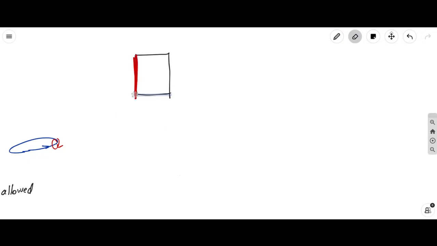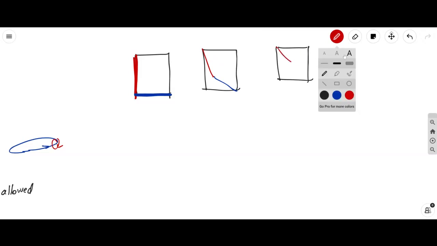Now here's the homotopy process. Imagine you take the point where the red and the blue one come together, and you start pushing it upward. If you do that, you end up with something like this, and then this. If you do that again, you end up with this, and then that. If you do that a bit more, you end up with this, followed by that.